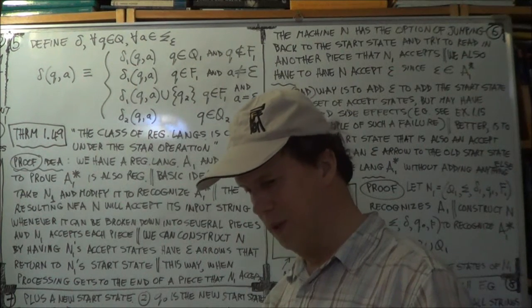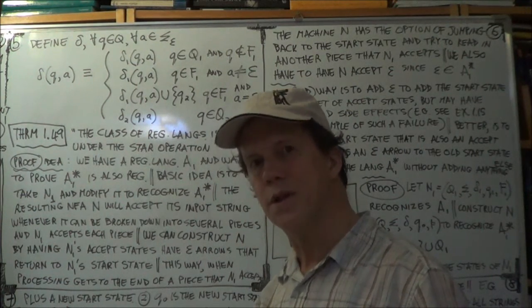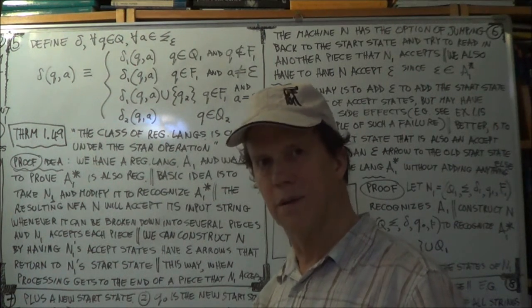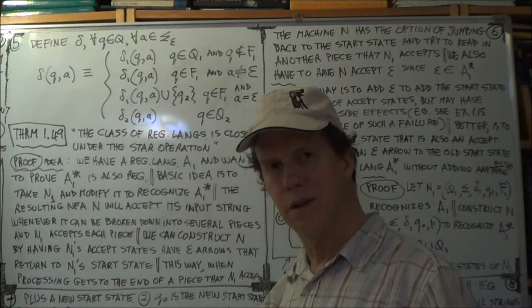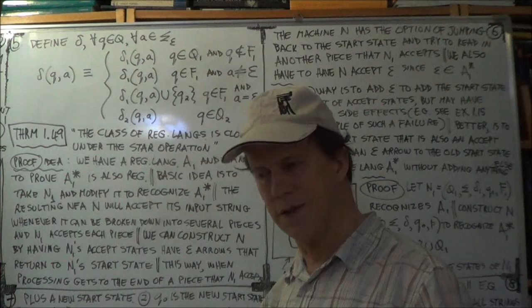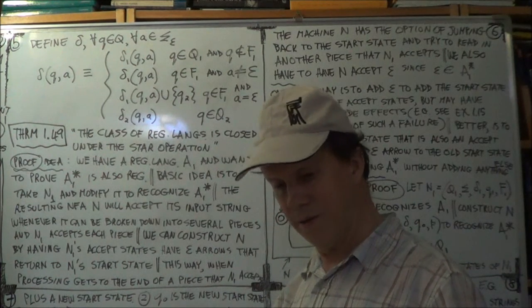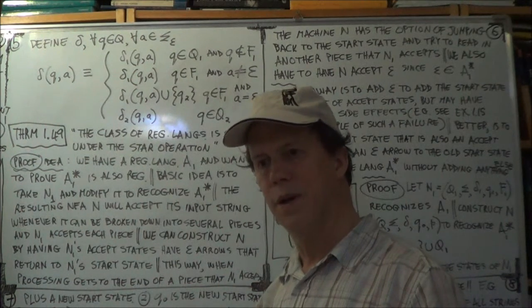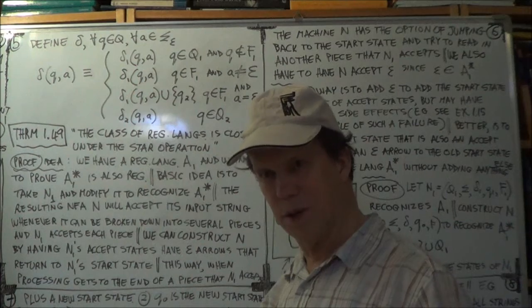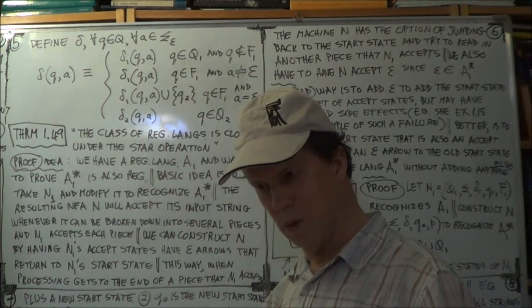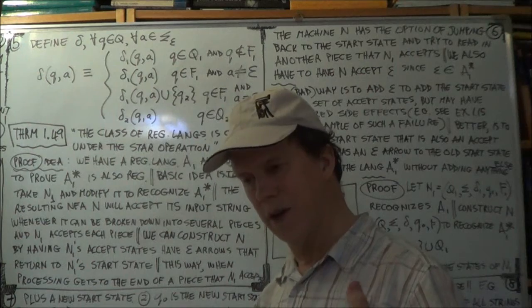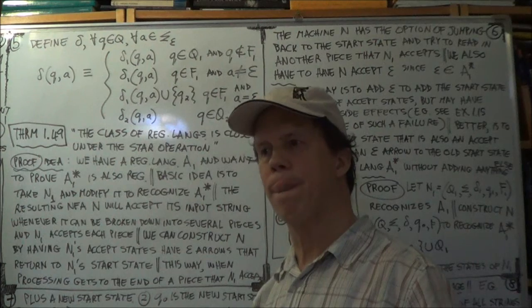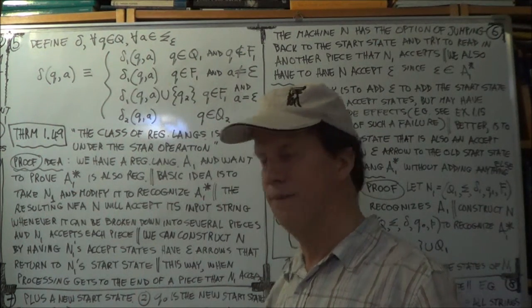Therefore, that language A1 little circle A2 is a regular language, because it has an NFA that recognizes it. And therefore, the set of regular languages is closed under the operation of concatenation.